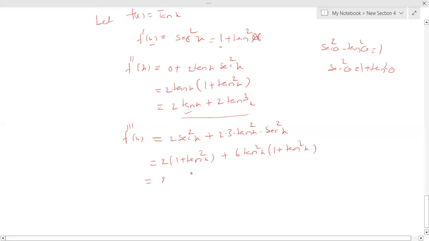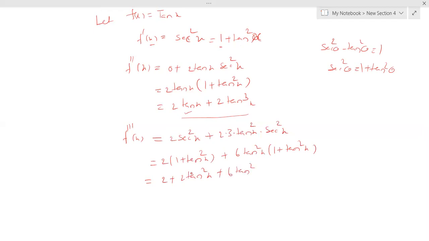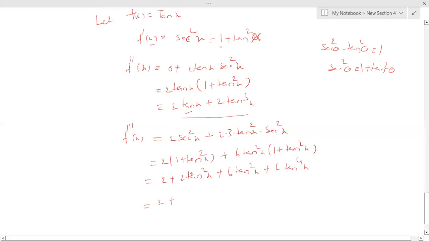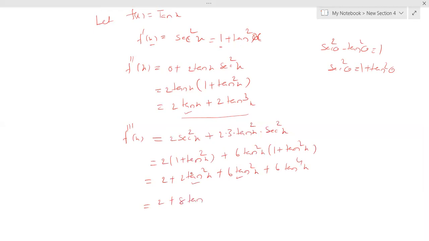Simplify this expression: 2 plus 2 tan square x plus 6 tan square x plus 6 tan power 4 x. Adding the two tan square terms, we get 2 plus 8 tan square x plus 6 tan power 4 x.